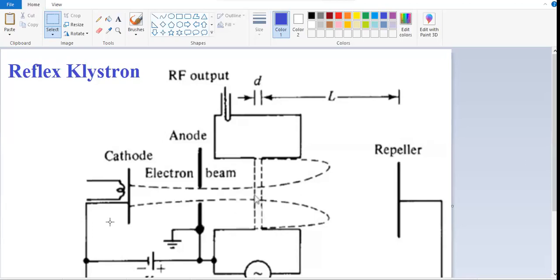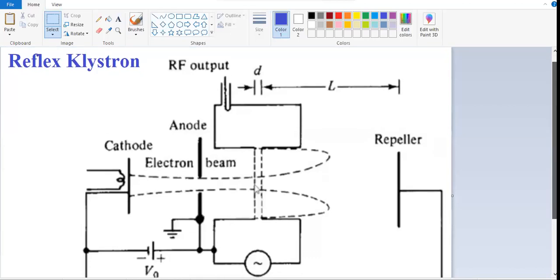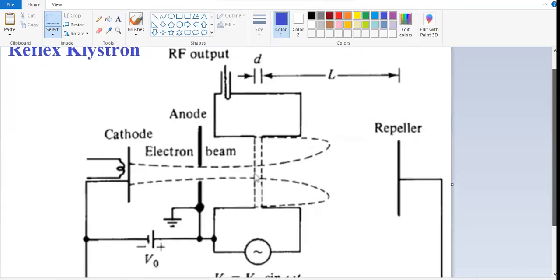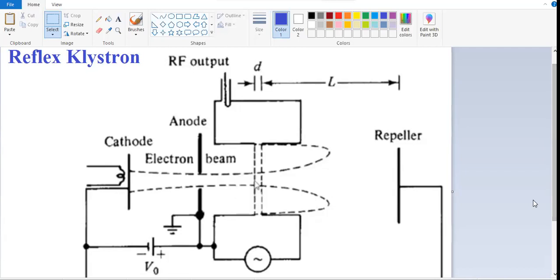This reflex klystron is an oscillator. We have the input cavity, and the loop gain has a magnitude of unity. Whatever the concept of the oscillator is, that is used here.